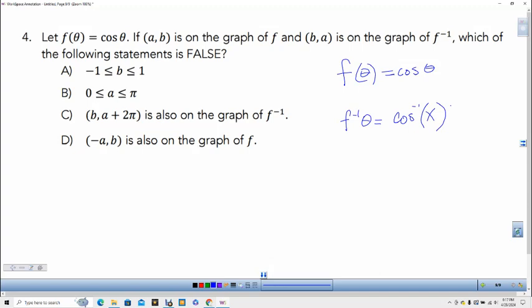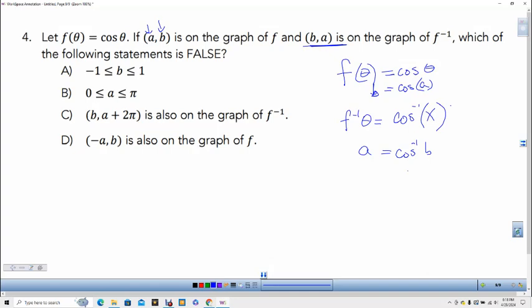now, here's the thing. If (A, B) is on the graph, what this is really saying is the cosine of A equals B. Input value, output value. And when we put the inverse over here, that means the cosine of B equals A. Remember, that's just inverse cosine of B equals A, because of the reversing effect of an inverse function.